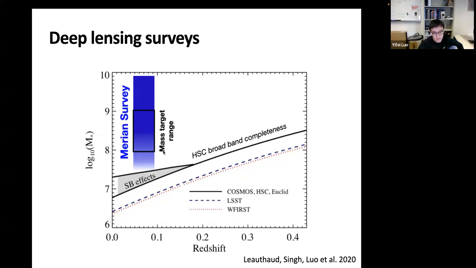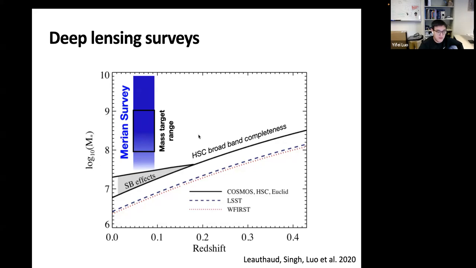And of course, there are even lower mass dwarf galaxies, but as you can see, they're not complete, even for those existing or incoming future deep lensing surveys. So there's a sweet spot around, say, redshift 0.1, or in general below redshift 0.2, and in stellar mass below 10 to the 9 solar masses.